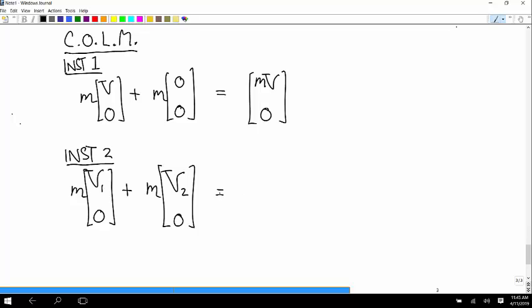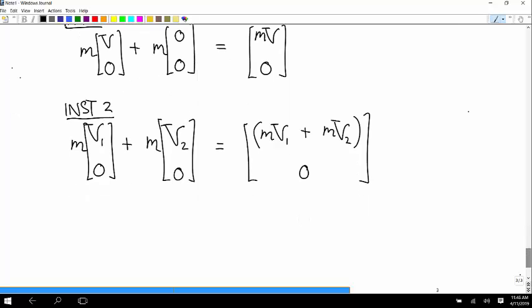And so we can write that as mv1 plus mv2, and then 0 for y. So conservation of linear momentum gives one useful equation that says m times the velocity component before the collision is equal to m v1 plus m v2.